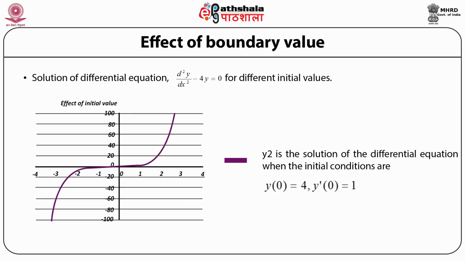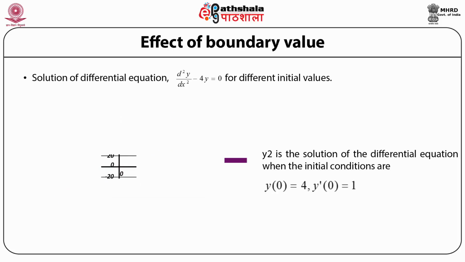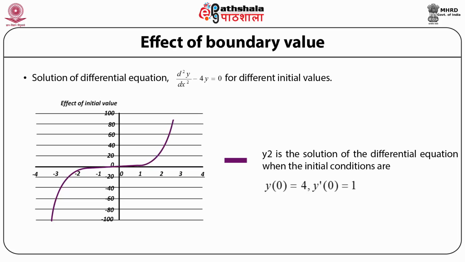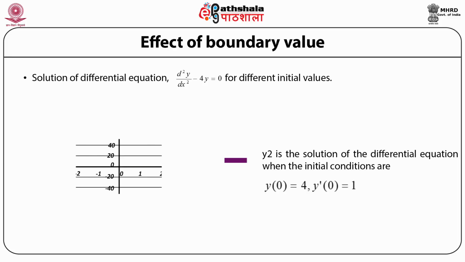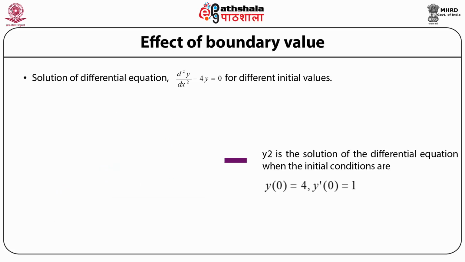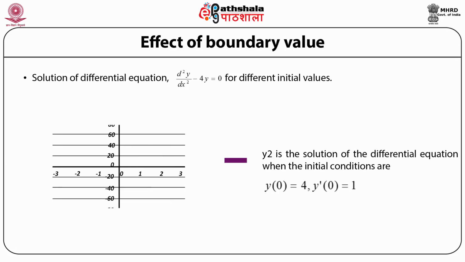Now you can see the violet curve is in the shape of an S, an inverted S or a rotated S. You can see that the solution is open on both sides, which means the values of y change, but on the x-axis it is more restricted.